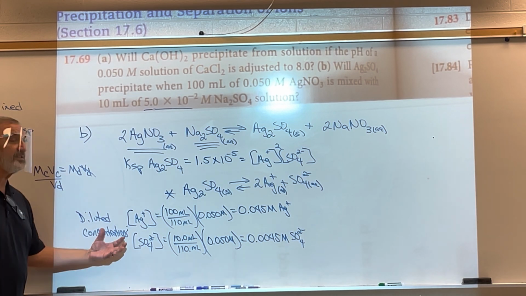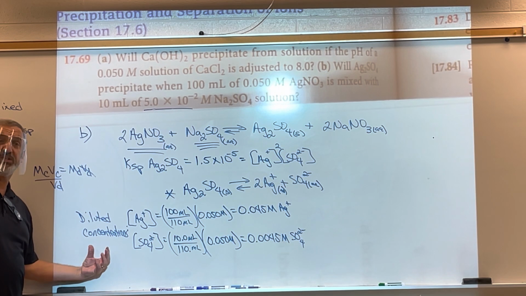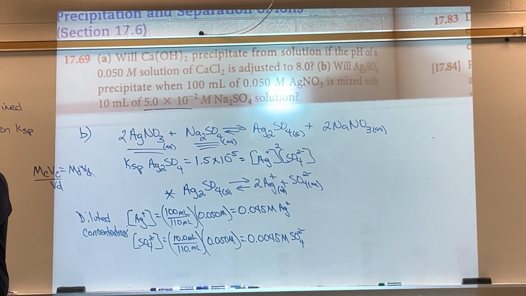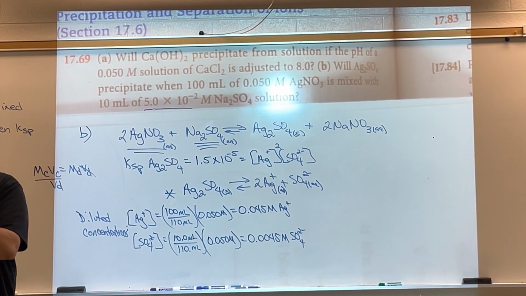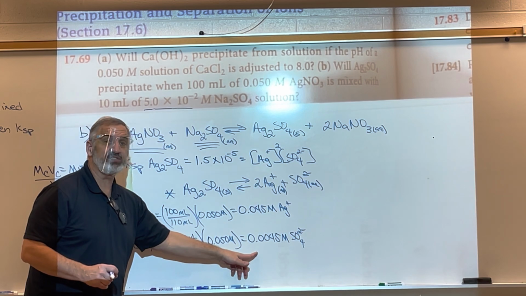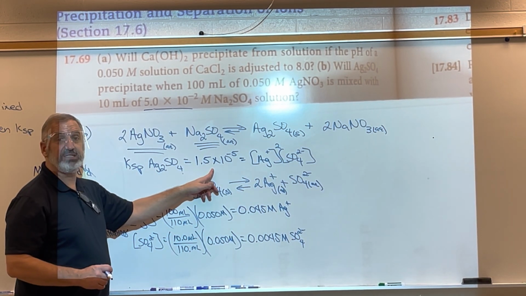The diluted concentration, in other words, after I mix them together, is the actual concentration they're going to be in the solution. Just like when we did the kinetics and mixed everything together, by the time they all reacted, they weren't the same as we put in initially. We had to find that diluted concentration because that's what they actually reacted at. The KSP says that this concentration times this concentration, the maximum that can be in the solution, can't exceed this number.